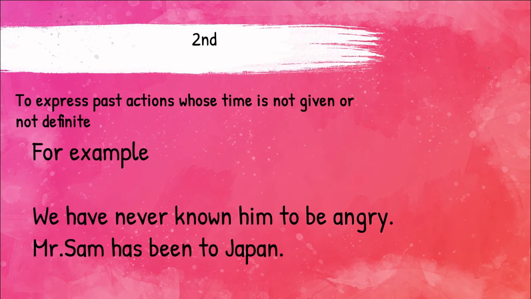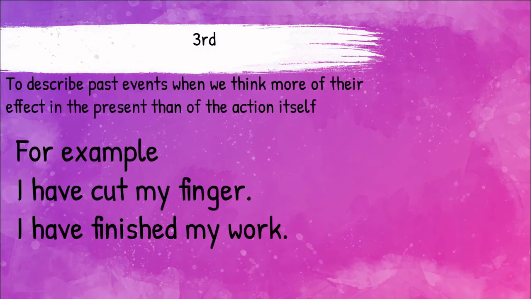Come to the next function: to describe past events when we think more of their effect in the present than of the action itself. Means when the effect is more prominent than the action, we discuss those actions with the help of this tense. Come to the example, I have cut my finger. Now the finger is cut, but the effect is that maybe the finger is bleeding or it has a bandage.